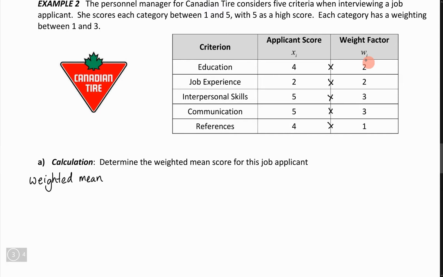Using the formula that I showed you in the last video, this is going to be x bar with the subscript w for weighted, and this is equal to the sum of all the weights times the x values divided by the sum of all the weights.